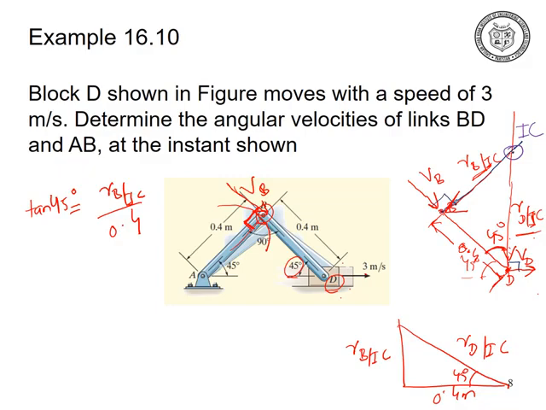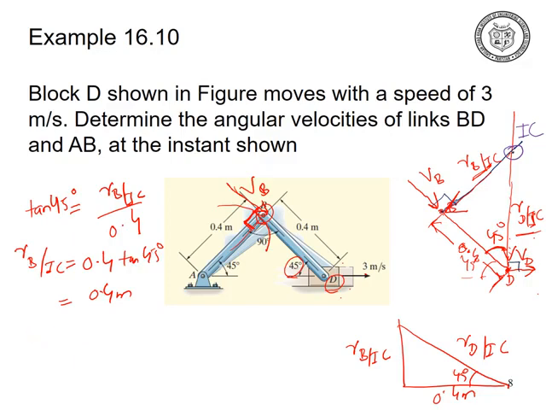In this way, it is easy to find RB with respect to IC and RD with respect to IC. So RB with respect to IC will be equal to 0.4 times tangent of 45 degrees, which is equal to 0.4 meter. Similarly, RD with respect to IC can be found using the cosine law.